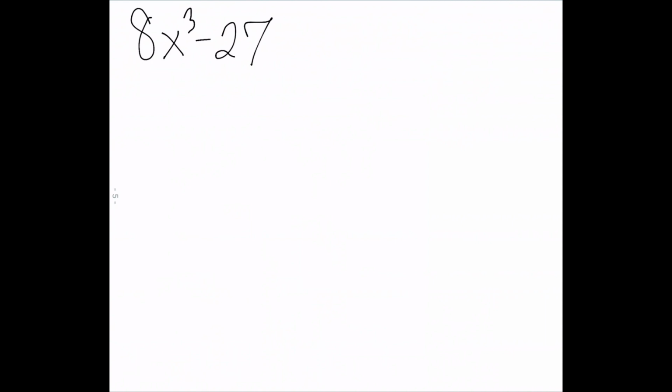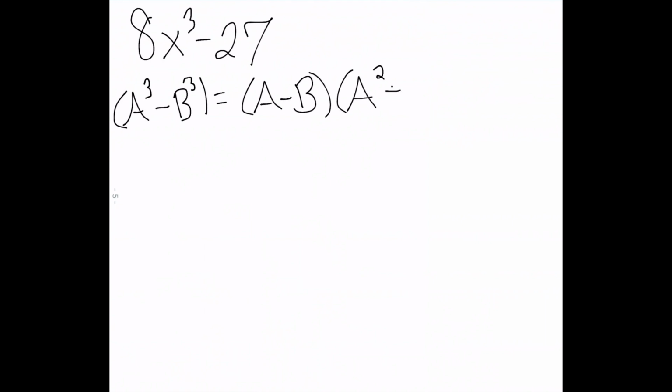My next one, 8x cubed minus 27. So this is our cubic formula, and the cubic formula stated a cubed minus b cubed is a minus b, a squared plus ab plus b squared.